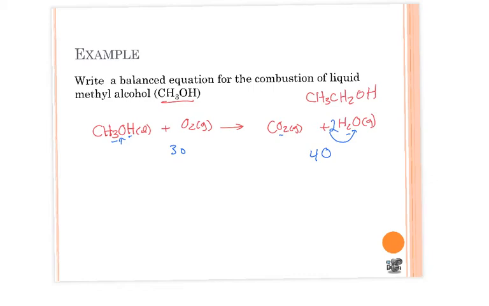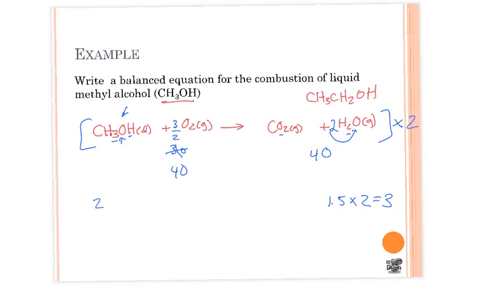So if I put a 3/2 here, remember, 3/2 is equal to 1.5. So 1.5 times 2 is 3, right? And then we have this one, so there you go. That gives us 4 oxygens. But we don't want to have fractions in our equation, so we're going to multiply this whole thing by 2 to get rid of the fraction.